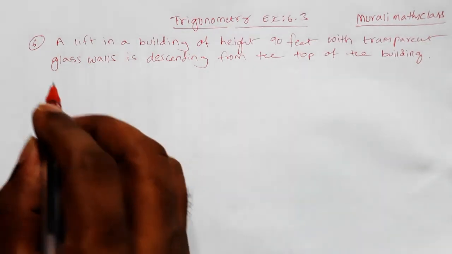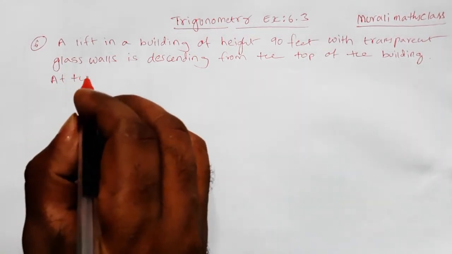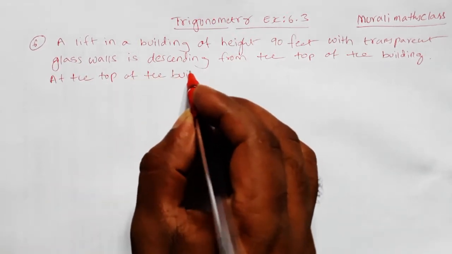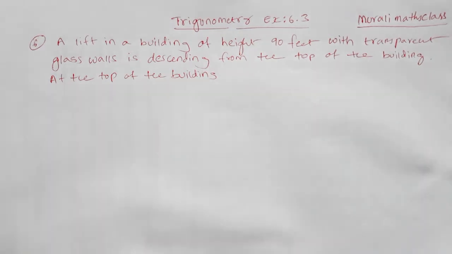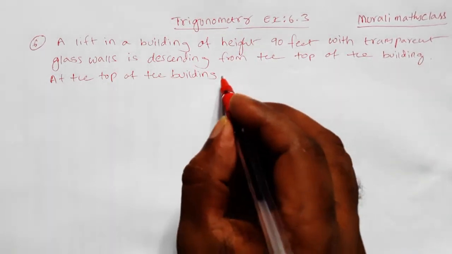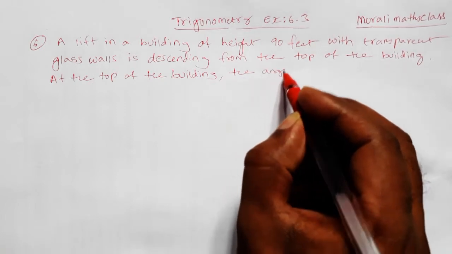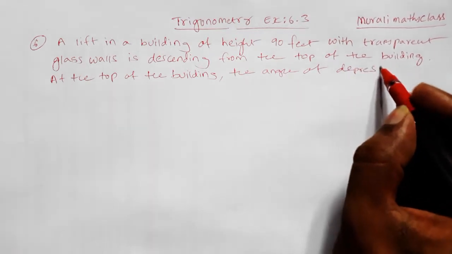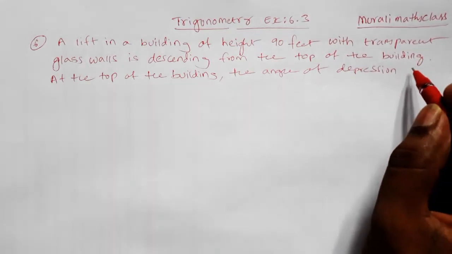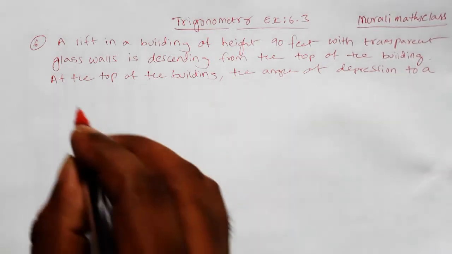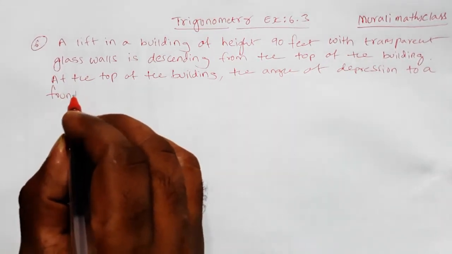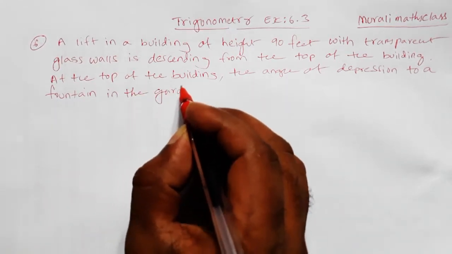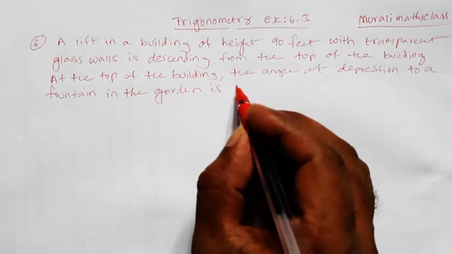At the top of the building, the angle of depression to a fountain in the garden is 60 degrees.